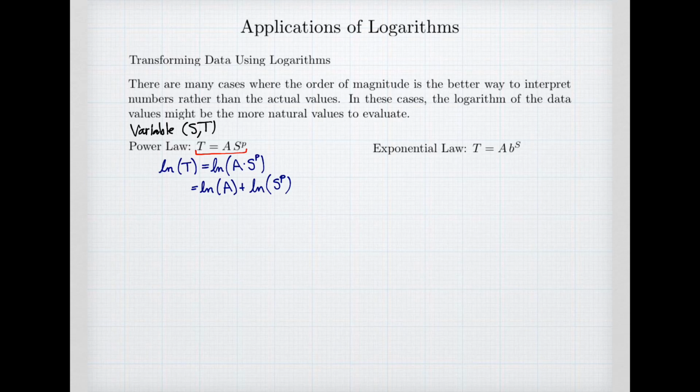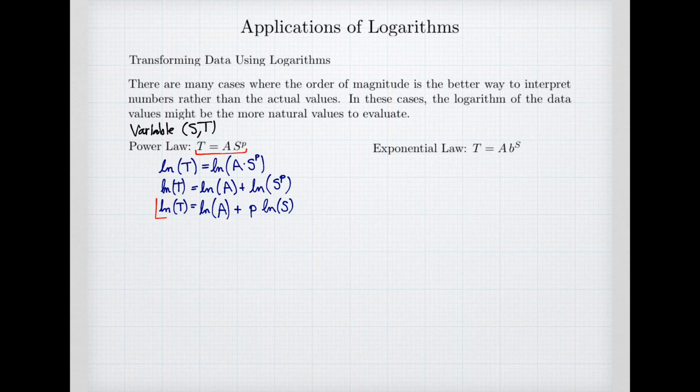And now I have a power inside of the logarithm, so I can use the power rule of logarithms to give me the logarithm of a that I had to start with plus p times the natural log of my variable s. And let me bring down the left-hand side that wasn't changing at all in these equations.